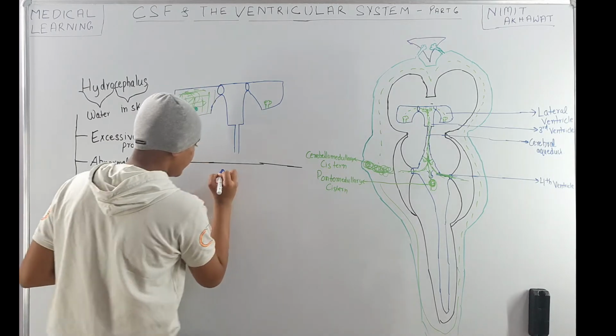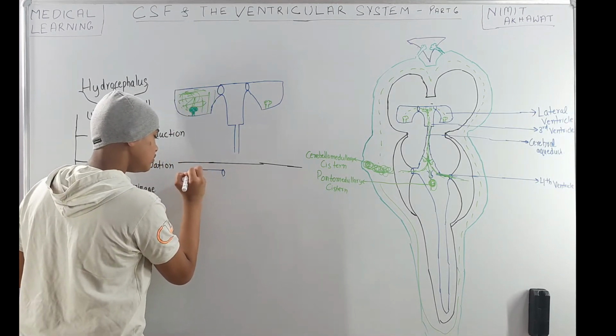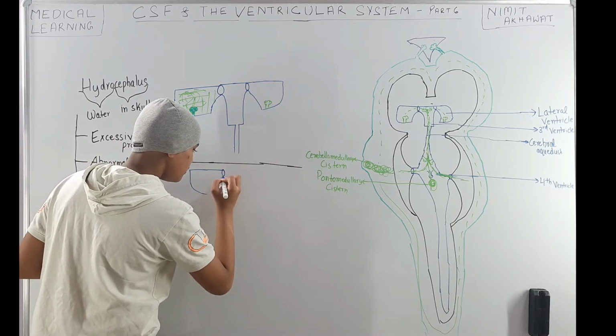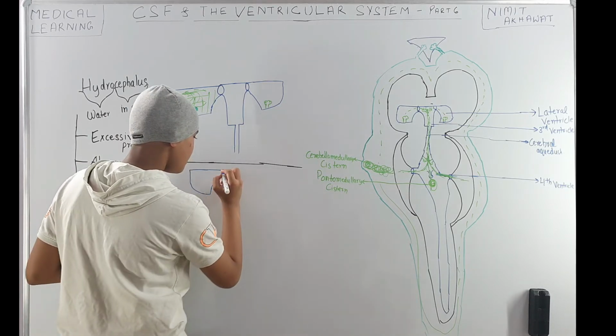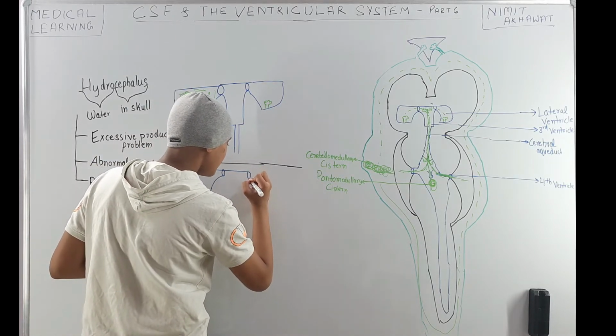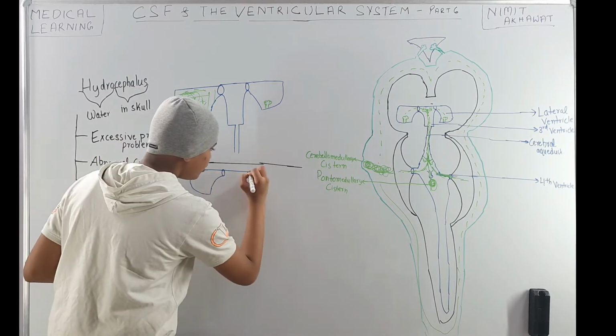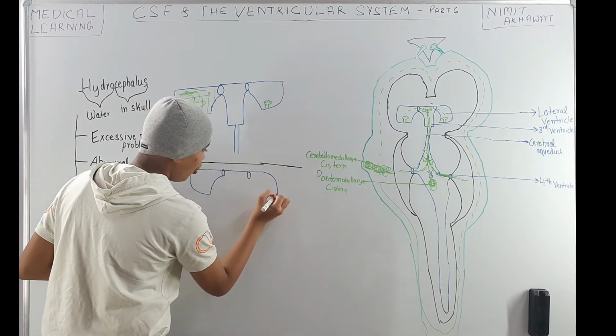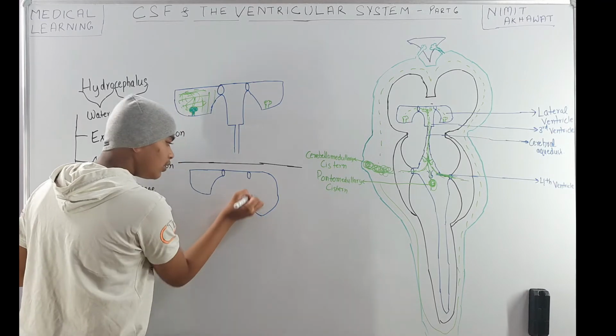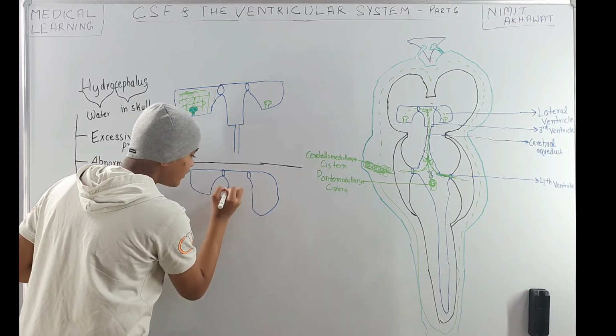Now, let's discuss abnormal circulation. Here is the lateral ventricle, connected with the foramen of Monro. At the opening of the lateral ventricle, the third ventricle is present.